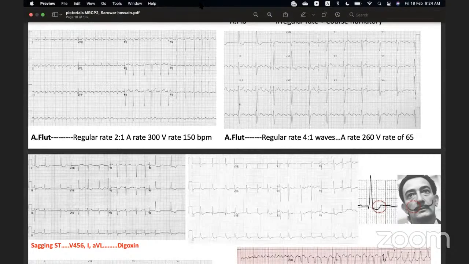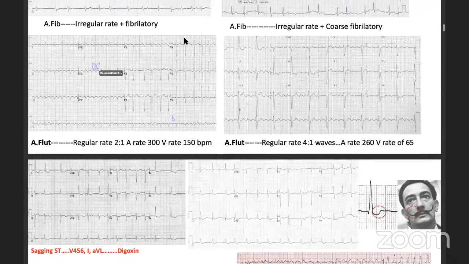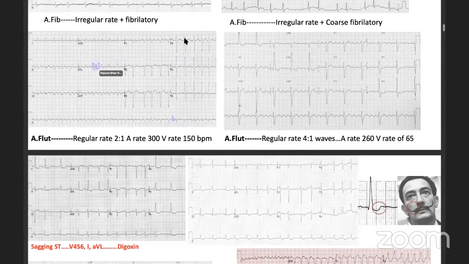Can you mark it? Where do you think the P wave will be? Overlapping the QRS complex. Here you can see, one, two. What happened?